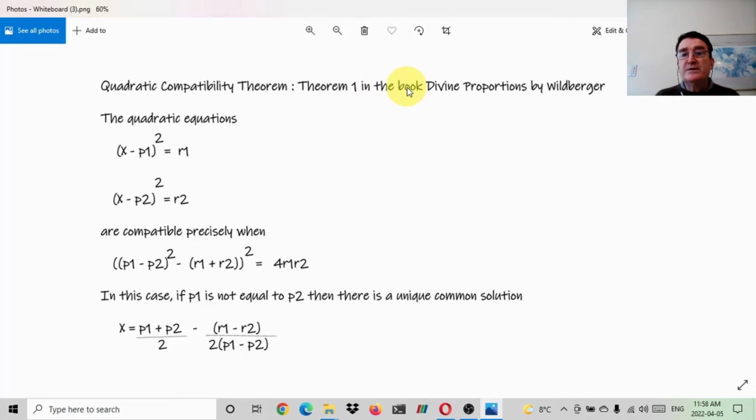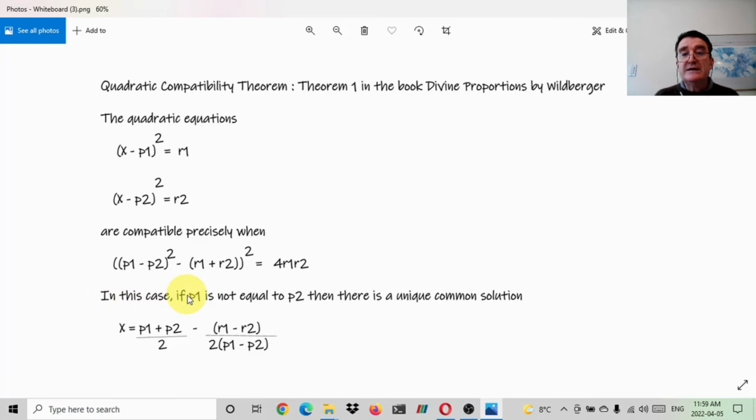This is Theorem 1 in the book Divine Proportions by Wildberger, which states that two quadratic equations, (x − p1)² = r1 and (x − p2)² = r2, are compatible precisely when ((p1 − p2)² − (r1 + r2))² = 4 r1 r2.